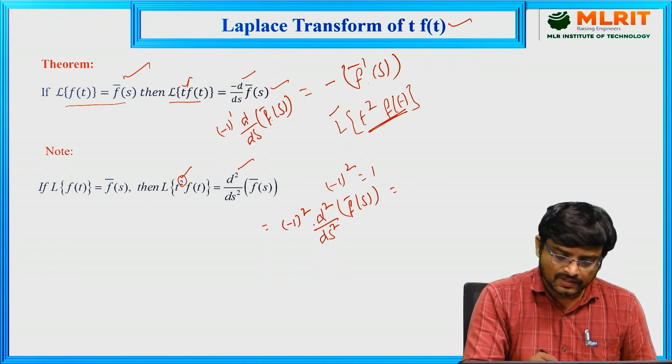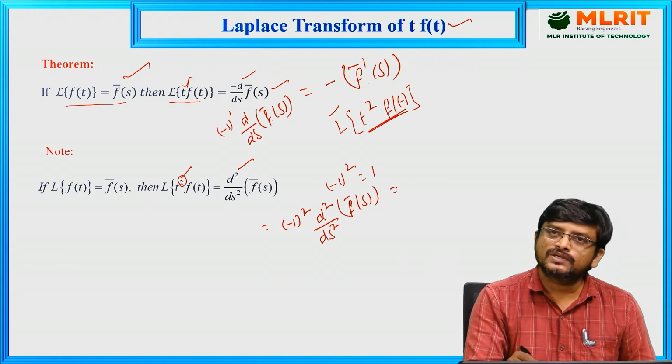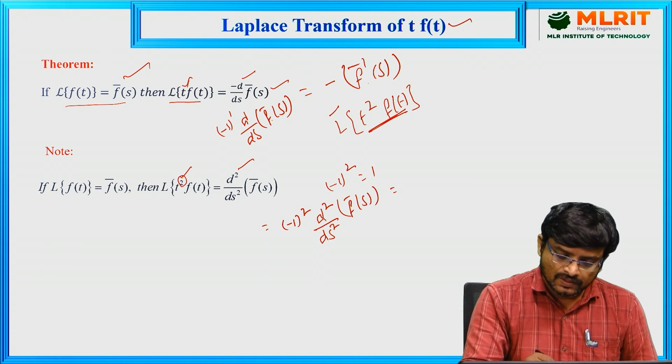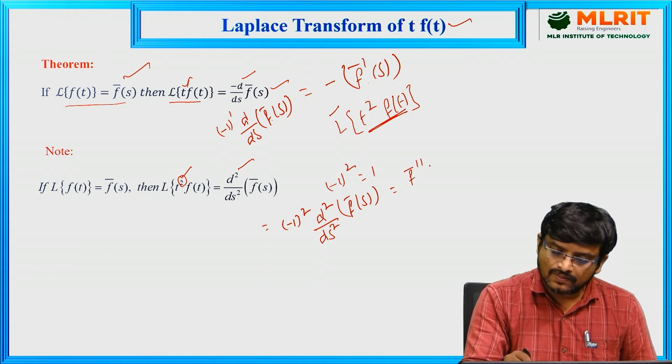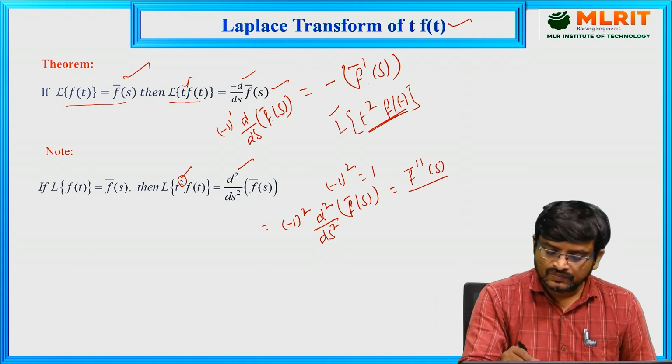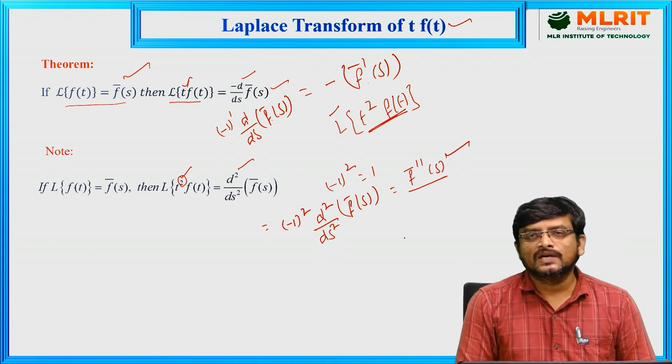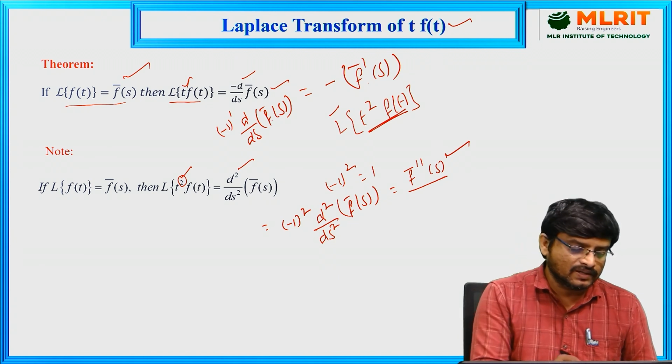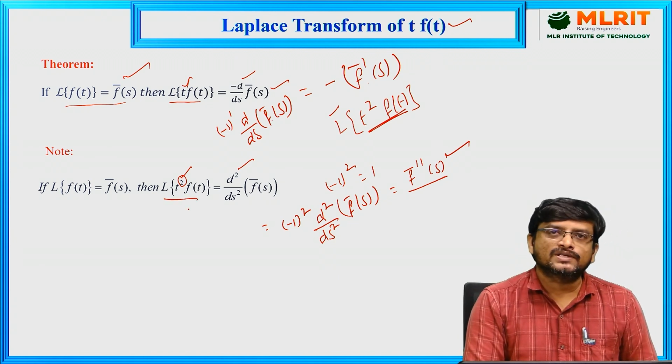This can be written as minus 1 whole square, that is plus, and the second derivative can be written as f bar double dash of s. Once you get the 2 times derivative of f bar of s, we can get the value of the Laplace transform of t square into f of t.